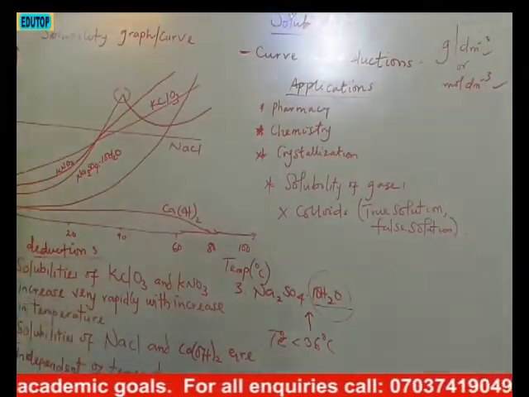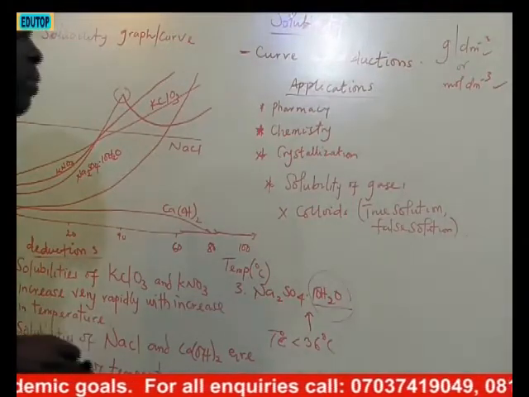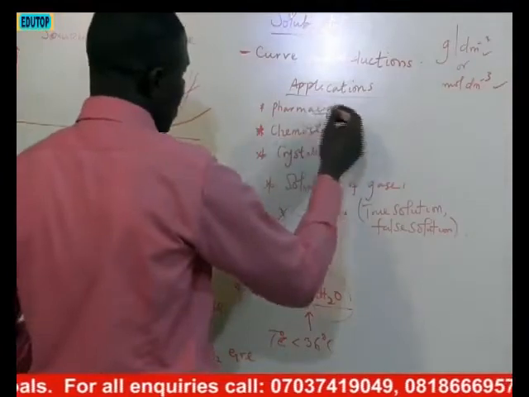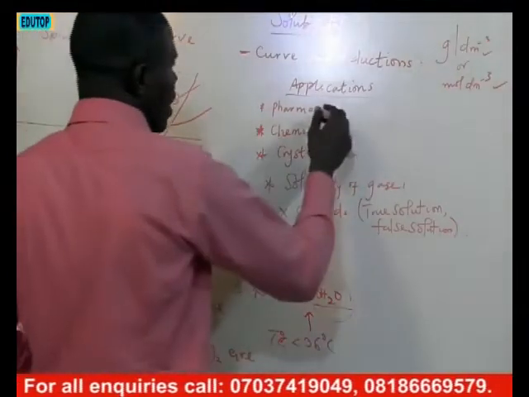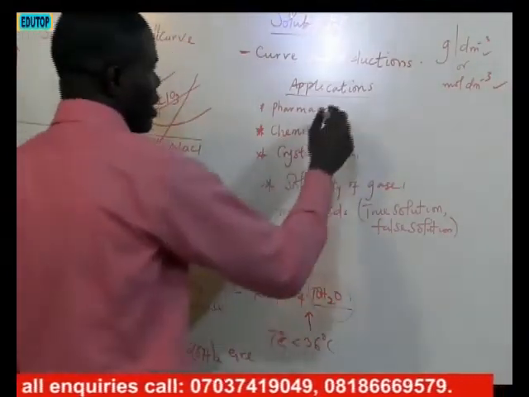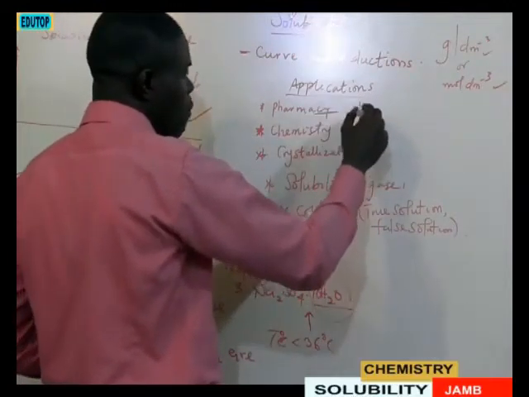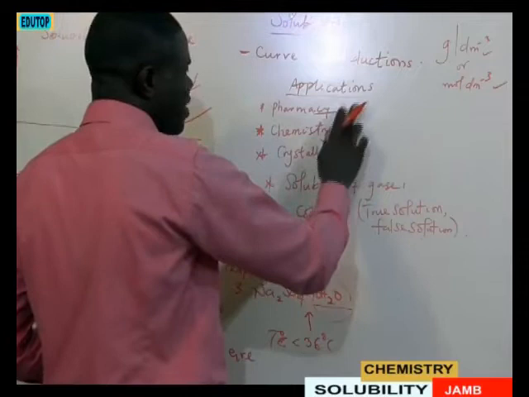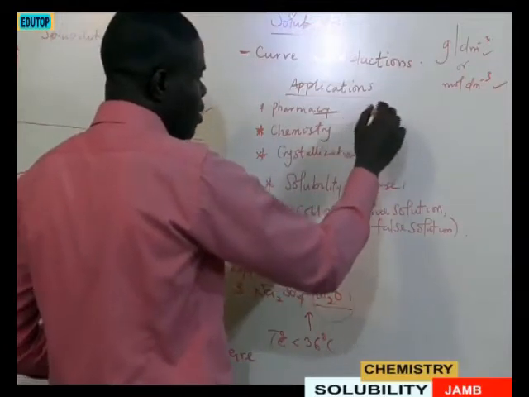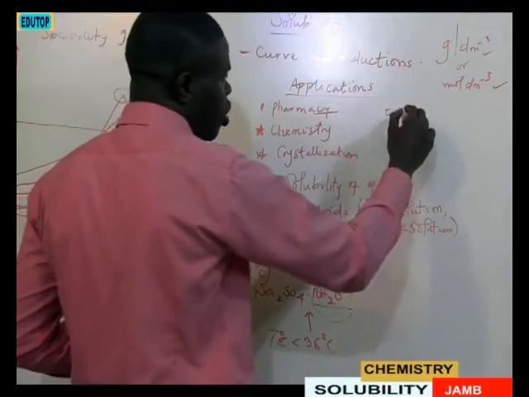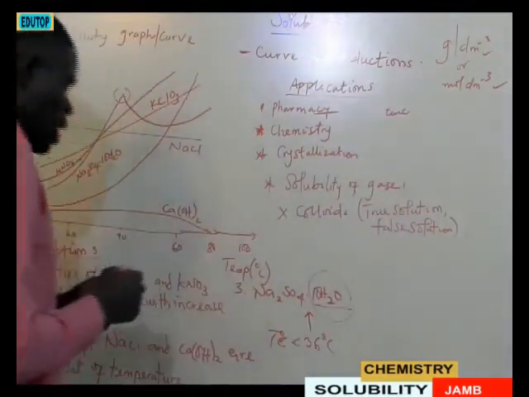Then the application of solubility. Solubility is of importance in pharmacy. It is very important in pharmacy because that is what enables the pharmacist to prescribe the right drugs based on the concentration of interest.